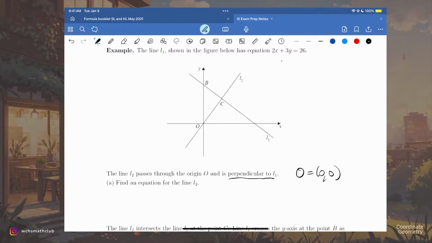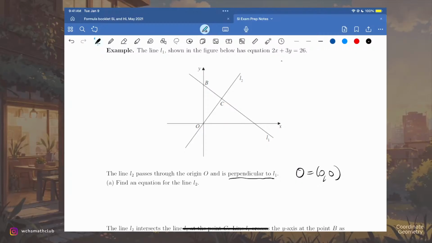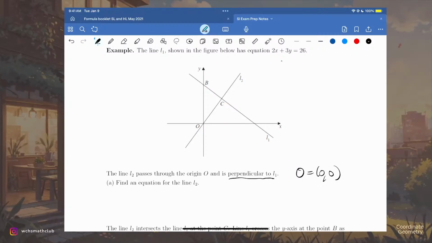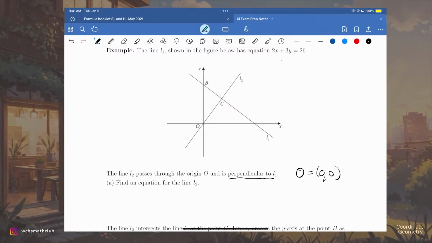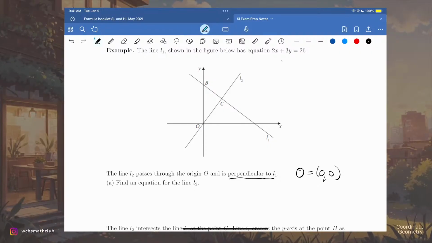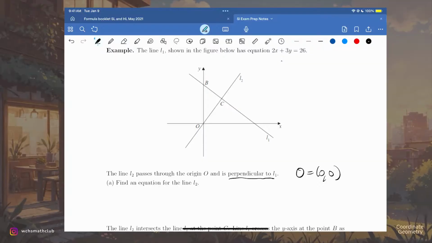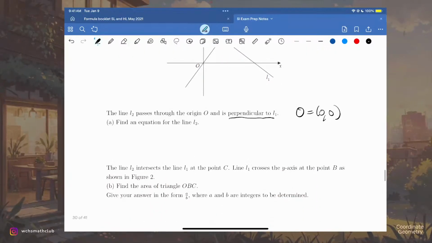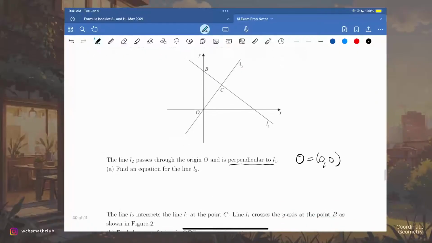So if we can compute the slope of L1, then we know that the slope of this is the negative reciprocal of the slope of L1, and we also have a point on this line, so we can use point slope form. You can also notice that any line that goes through the origin has to be in the form y equals mx because the y-intercept is at 0, right? There's also a third way to do this, which I might show you in a bit, but let's do the standard strategy first.